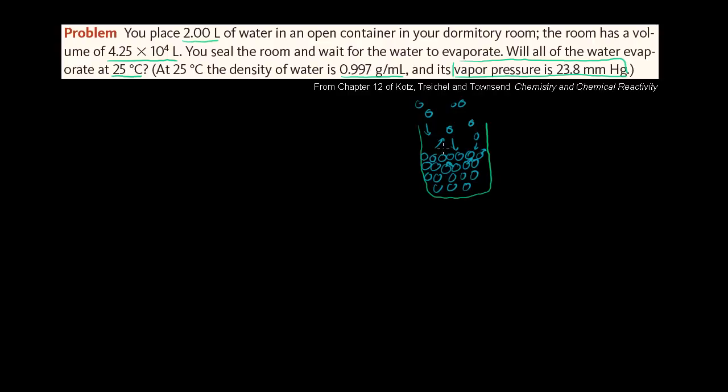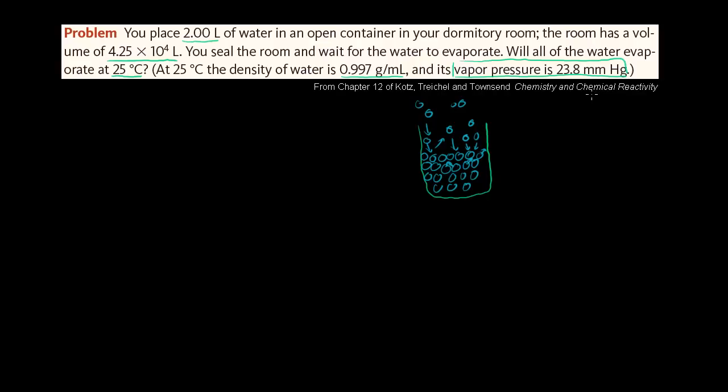As you can imagine, as more and more of these water molecules vaporize and go into the gaseous state, more and more will also create pressure, downward pressure. More and more will also be colliding with the surface of the water. And the pressure at which the liquid and the vapor states are in equilibrium is the vapor pressure. And they're telling us right now it is 23.8 millimeters of mercury.